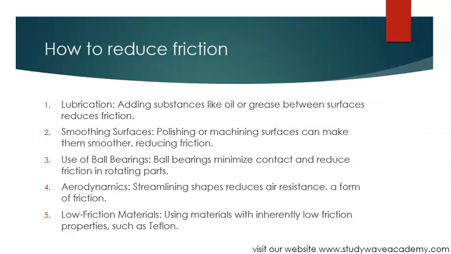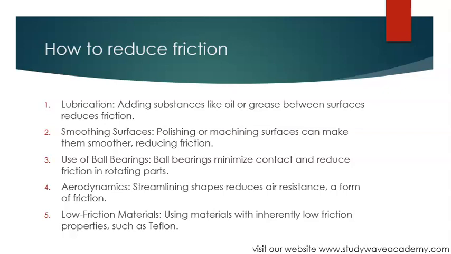So it's like having surfaces that are very smooth and slippery. So these are the ways of reducing friction: lubrication, smoothing surfaces, using ball bearings, aerodynamics, and low friction materials.